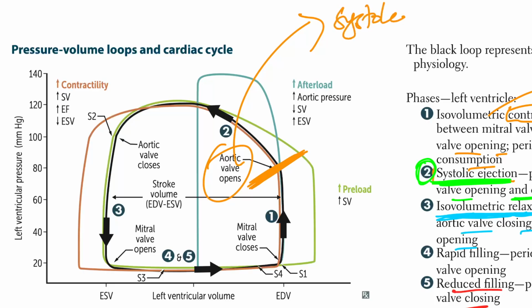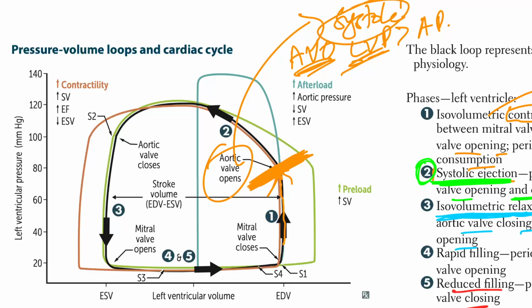So the aortic valve opens when the left ventricular pressure is greater than the aortic pressure. So pressure is increasing to a level when the ventricular pressure is going to be more than the aortic pressure, and snap, the aortic valve opens, AVO, right away. And this is called systole.